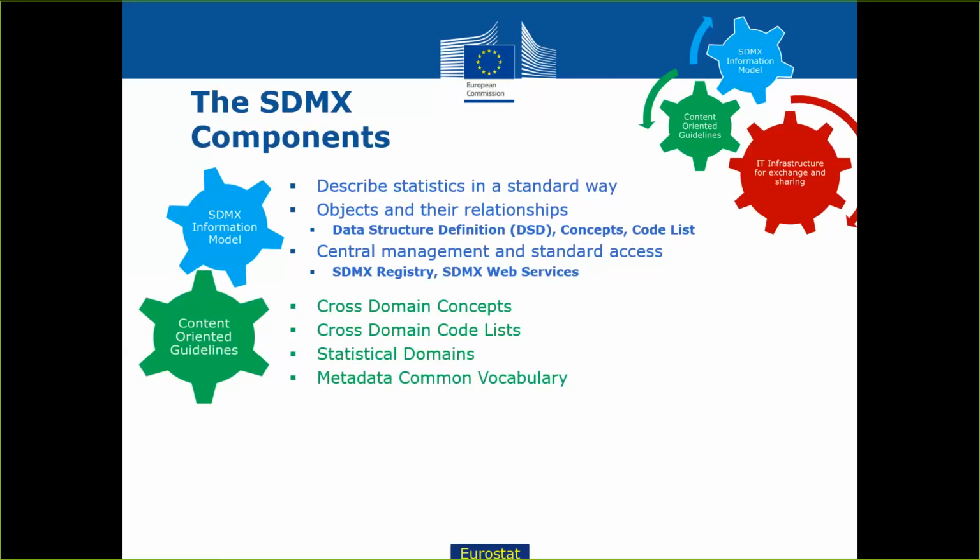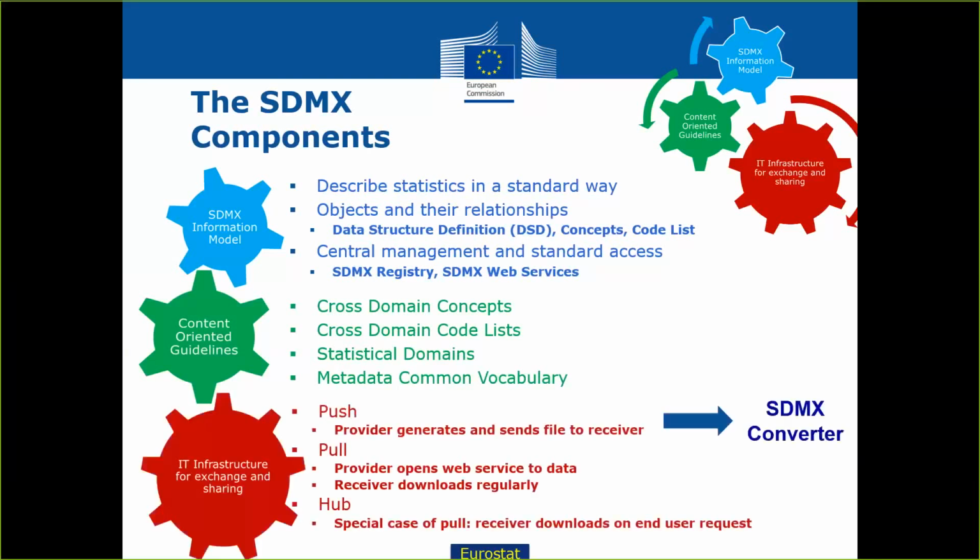Of course, as well as the agreed, harmonized concepts and definitions, including code lists, and the relationships between all the different components that enable the exchange of data and metadata, which are described in the information model.